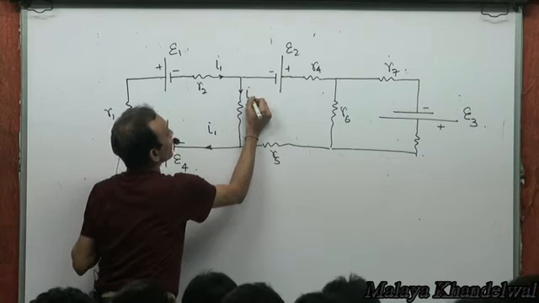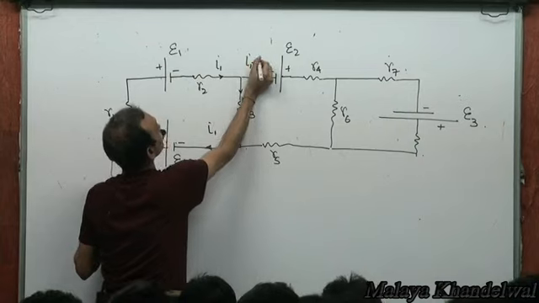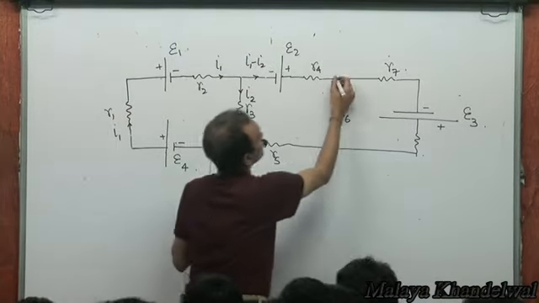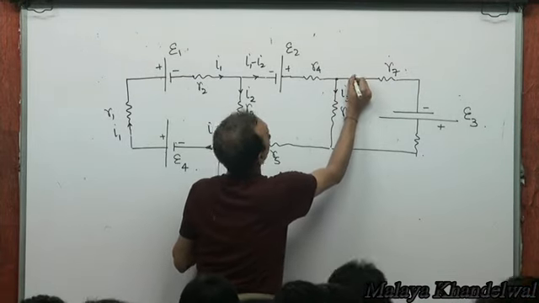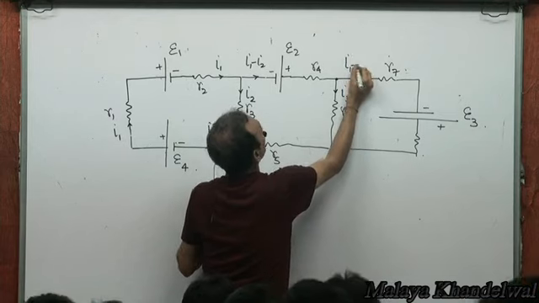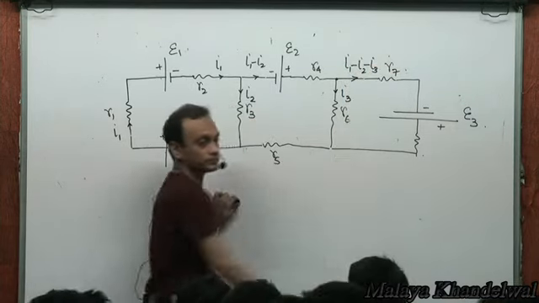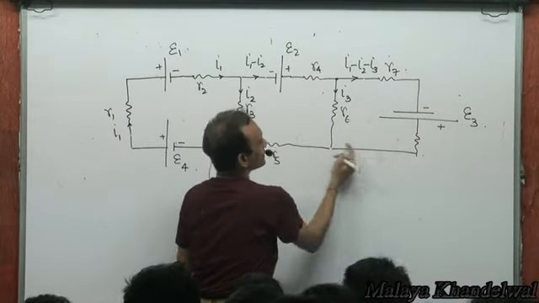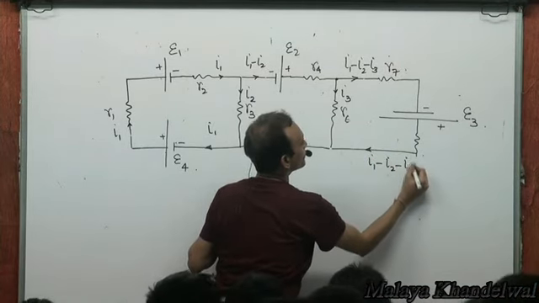There is I2 going here, and say there is I1 minus I2 going here, right? This I1 minus I2 comes to this junction, and say I3 goes here, and I1 minus I2 minus I3 goes there, right?